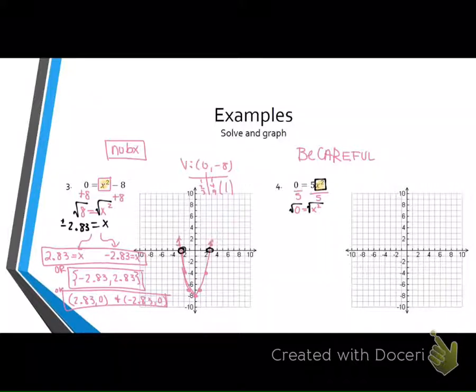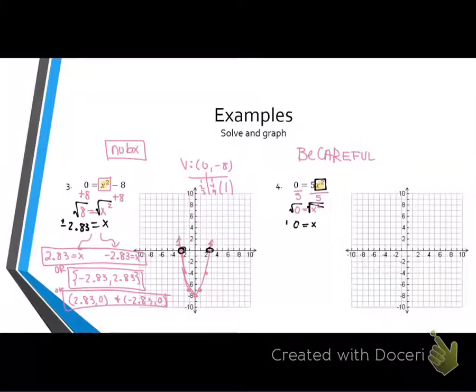If I take the square root of both sides, what's the square root of 0? 0. 0 is neither really positive or negative. Usually we put a plus or minus here, but that would look kind of funny. The vertex is always 0, 0. Because this is 0, the vertex is on the x-axis. So that's why we only have one solution here.